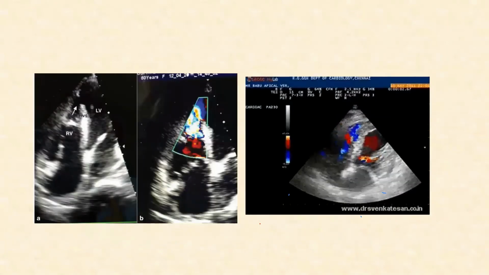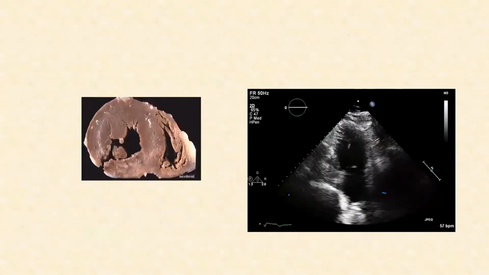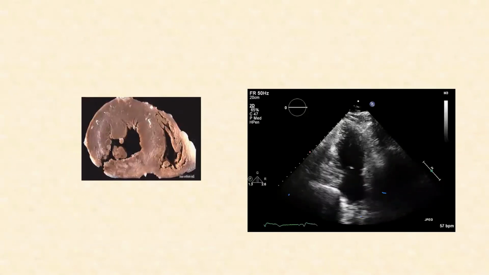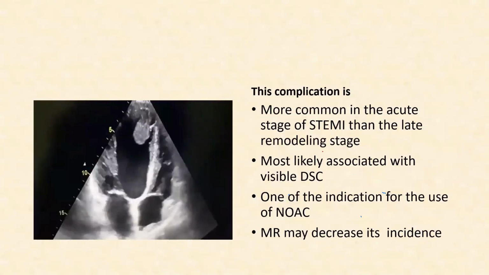This is also VSR, and this is free wall rupture. Sometimes you need to use contrast to see the geometry of the wall and the contrast leaking out. It isn't easy, by the way, to diagnose free wall rupture, and contrast might be the way to go.